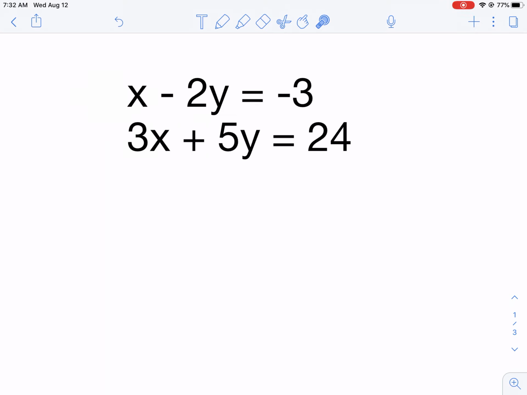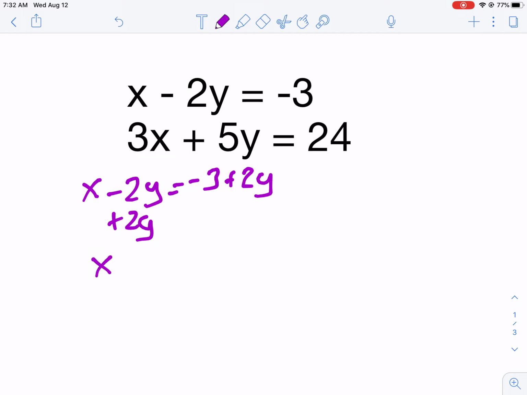So we're going to take this first equation, and I'm going to get x by itself. To get x by itself, we add 2y. Notice there's no y on the right-hand side, so I'm just going to write it to the side. So x equals negative 3 plus 2y. Now I'm going to substitute that for x in the opposite equation.